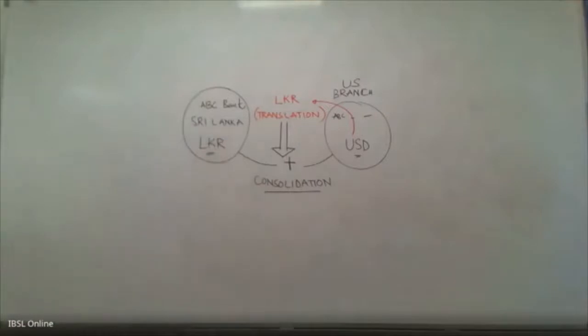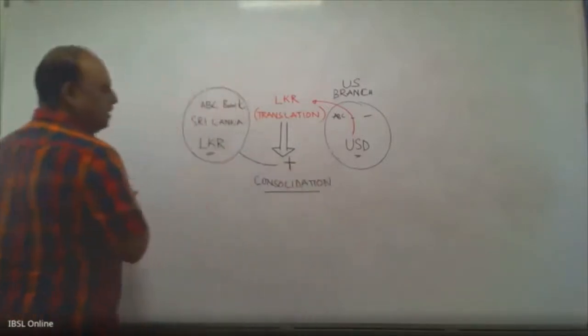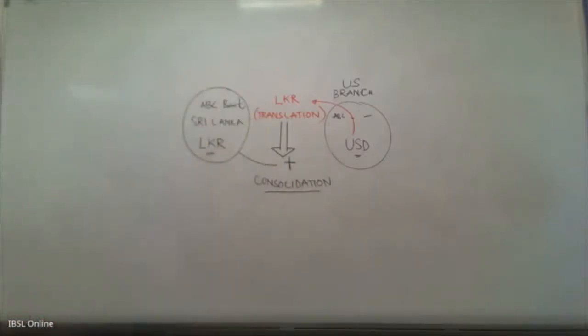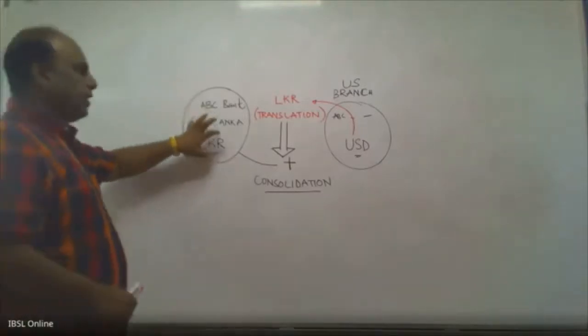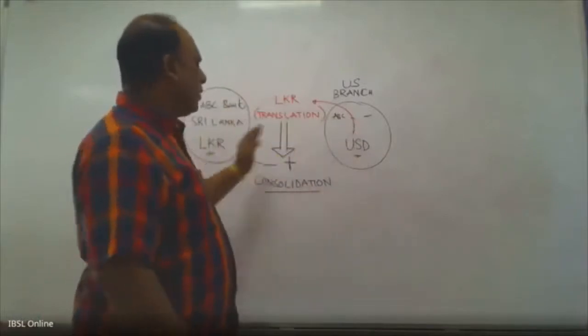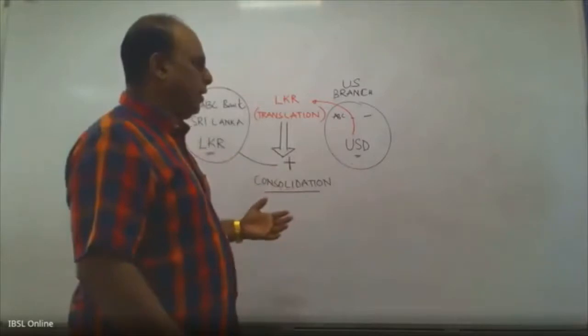So now only you can consolidate, not previously. Now only you can consolidate. So this is what is called the consolidation process. You have an operation here, you have a branch here. Straight away you can't add the two because they have one currency, you have another currency. So you can't do that.